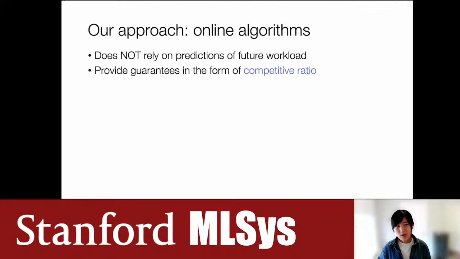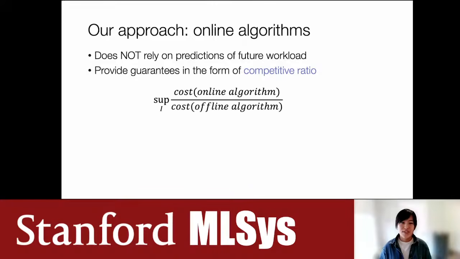Using online algorithms also has the benefit of providing worst-case performance guarantees in the form of competitive ratio, which is the cost of the online algorithm, which does not know the query sequence, divided by the cost of an offline algorithm, which observes the entire query sequence beforehand.